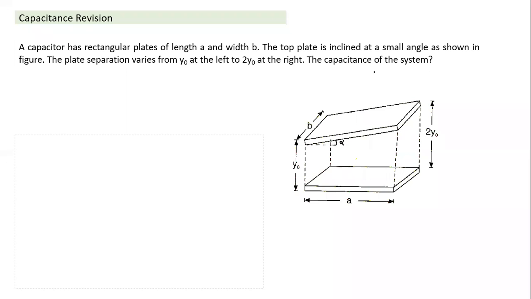We know C is equal to A epsilon naught by D, where A is the area of the plate and D is the separation. Here the separation is not uniform.